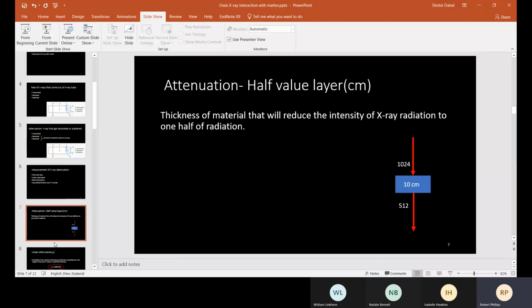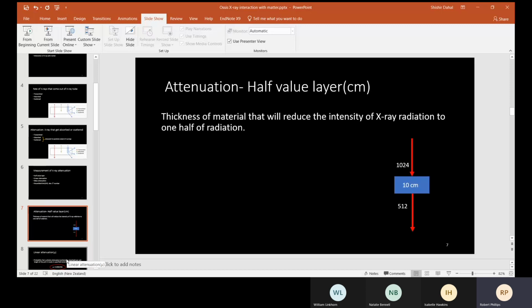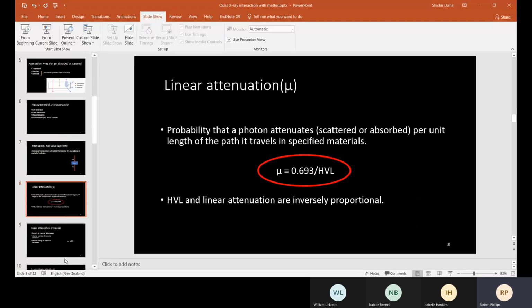So why is it important to find half value layer? It's important because that half value layer will give us linear attenuation. So how do we find it? If we divide 0.693 by half value layer, it will give linear attenuation of that material. Very easy.